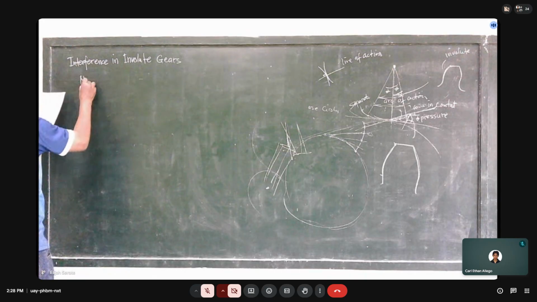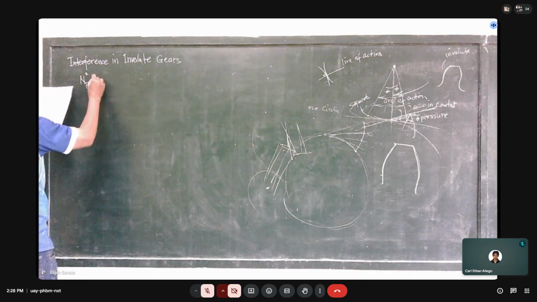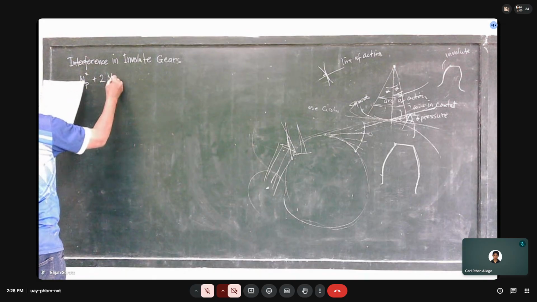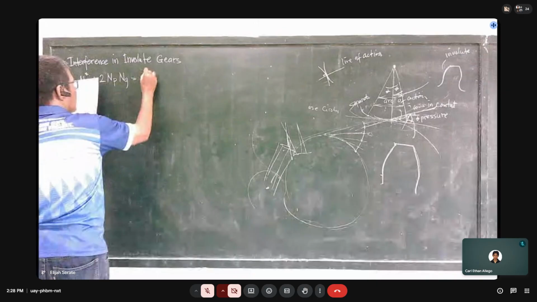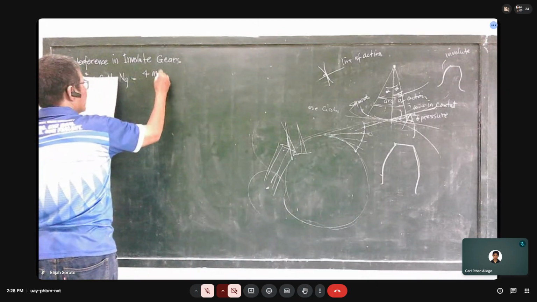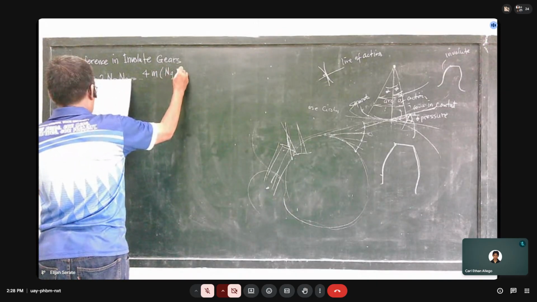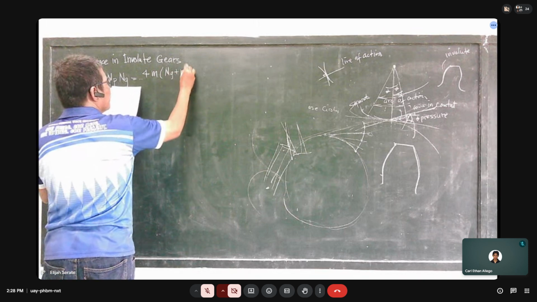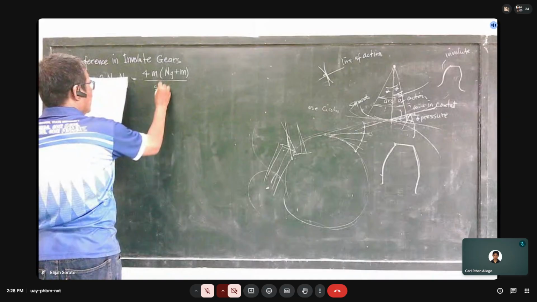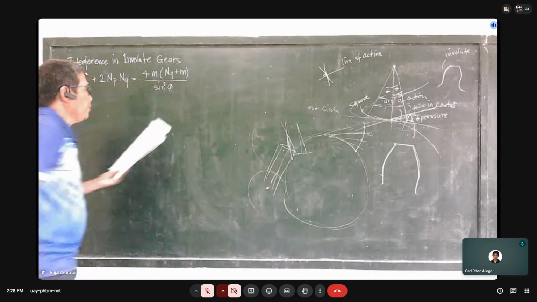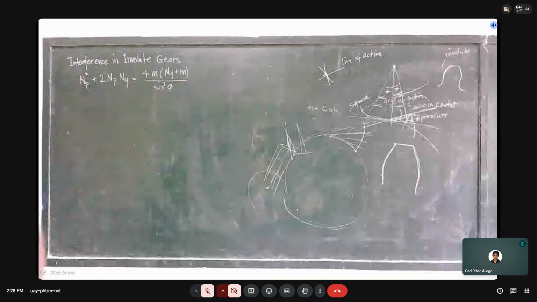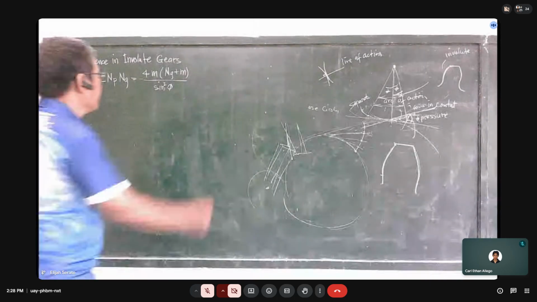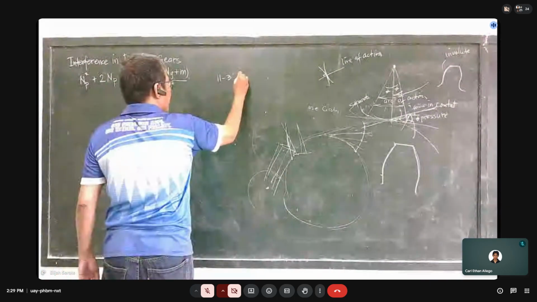The equation is, by the way, see the figure now: 2 and P and G equals 4M and G plus M over time over P. P, by the way, is the pressure number.